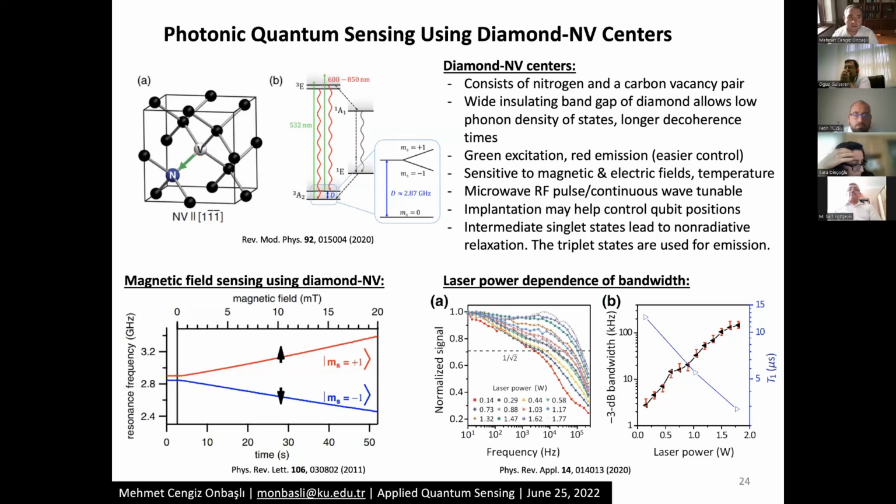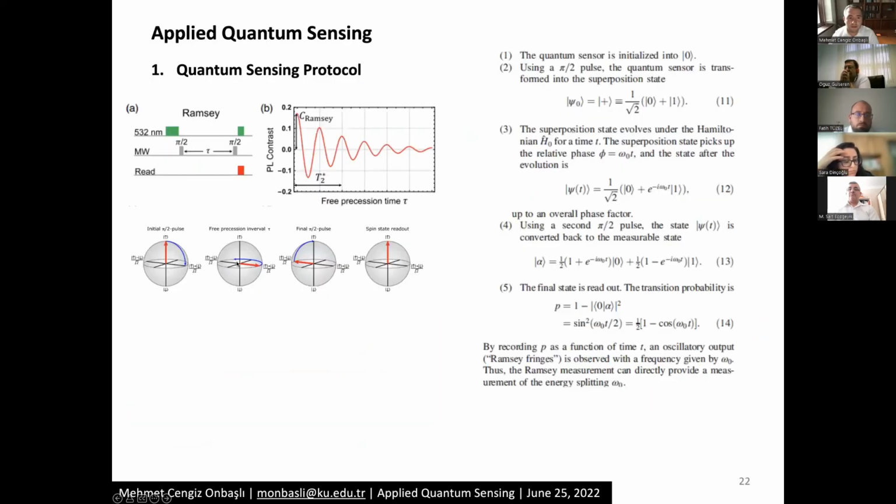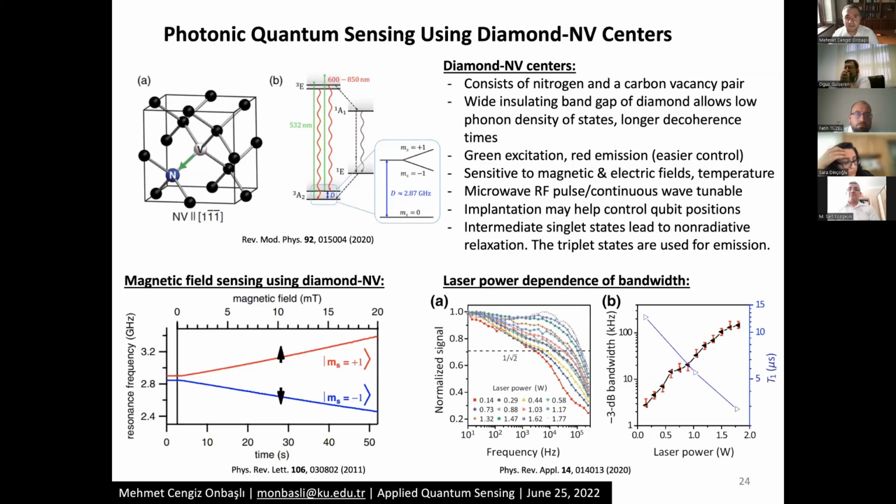As a result, you can retain the information or the state here for longer periods. So that means if you have this Bloch sphere, the transition from one state to the other, or the relaxation times, can be longer than in other types of systems. And in this case, again, we have similar energy transitions.